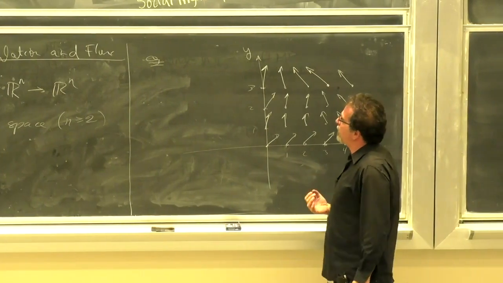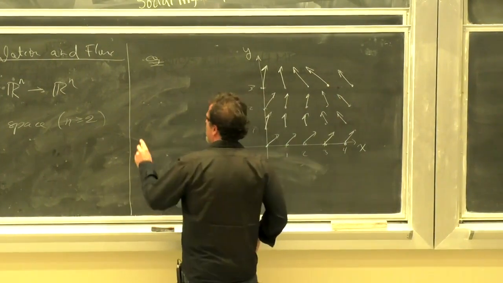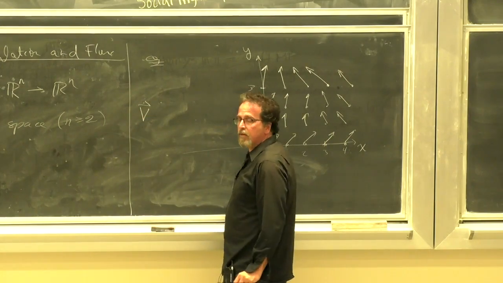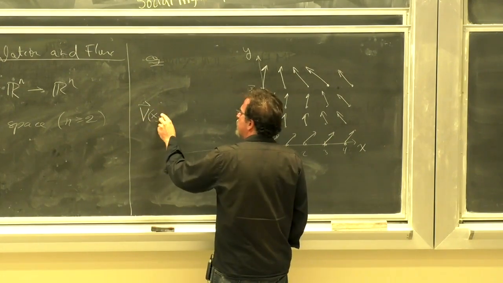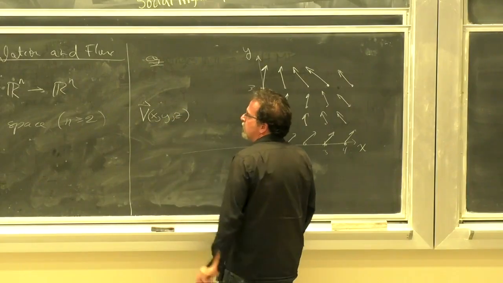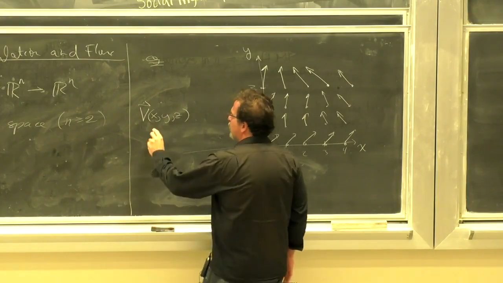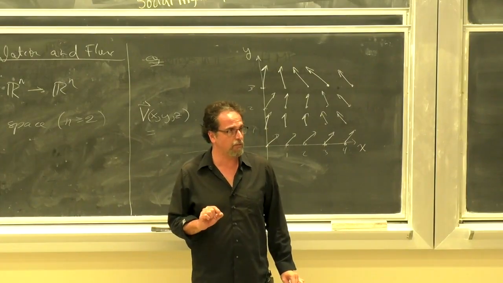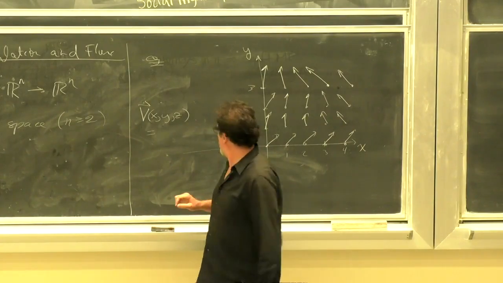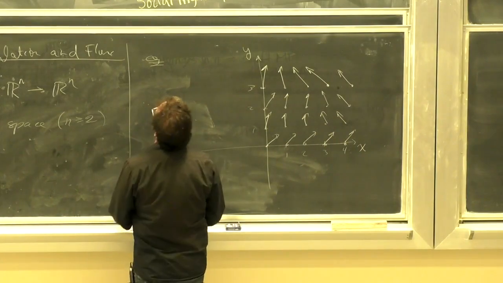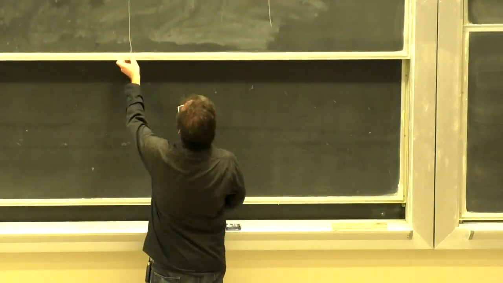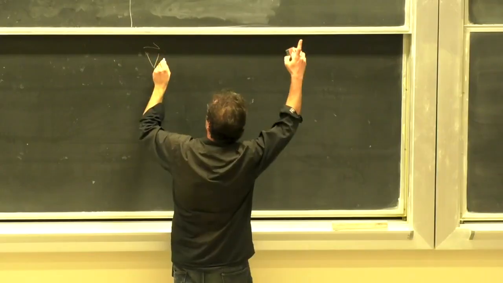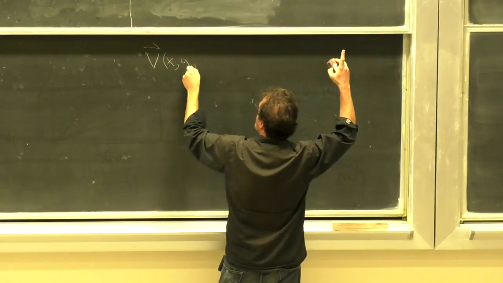The way we think about it is that we have a vector field I'm going to call V vector. It's a function of x, y, and z. Now, in your book, they use m, n, and p for components. Let me write this on the next board. We have v vector, a function of x, y, and z.